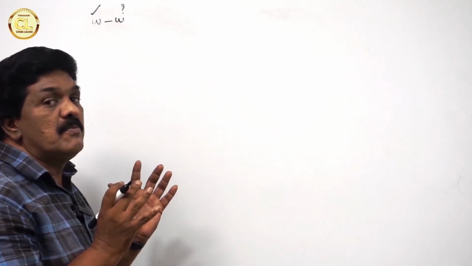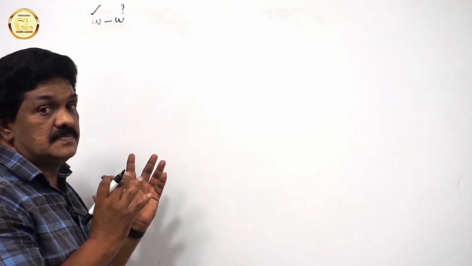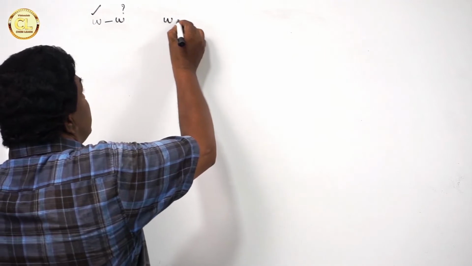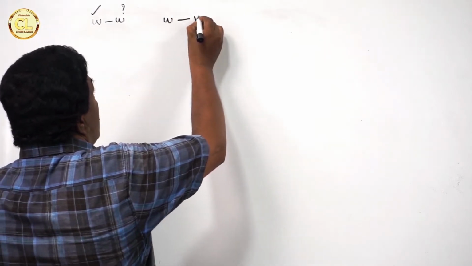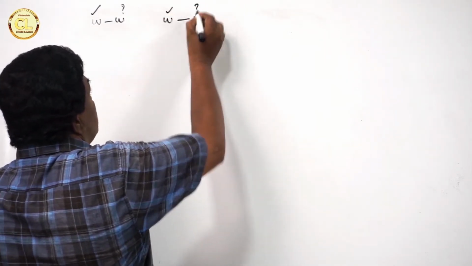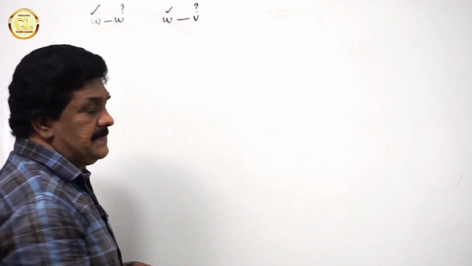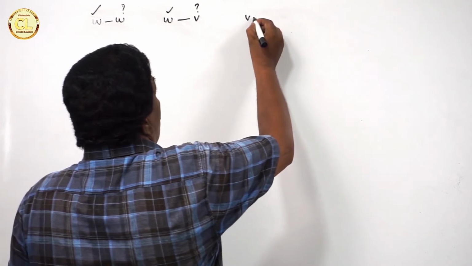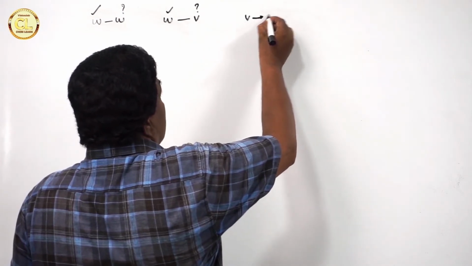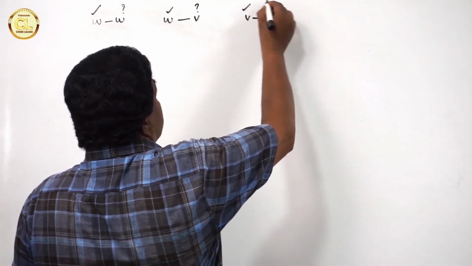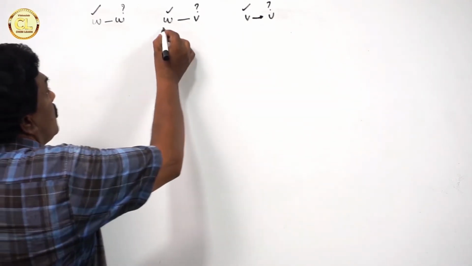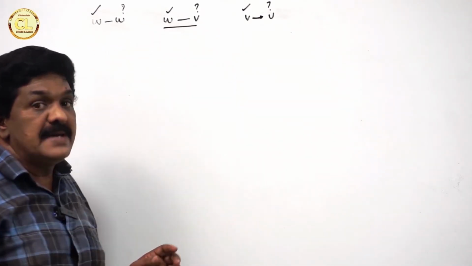This type of problem was previously done. In the next, the mass may be given and we are asked to find the volume of the other, or vice versa. That we are going to do. Third, the volume of one may be given and we are asked to find the volume of the other. Now we are going to learn the mass-volume relationship.